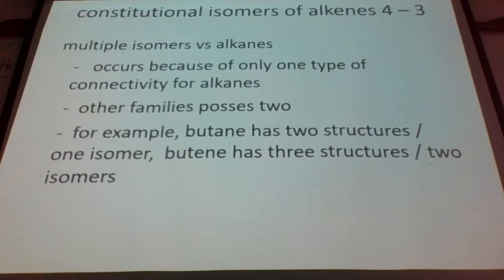And also in this case, as you can see, there are going to be more isomers for the alkenes as opposed to the alkanes.